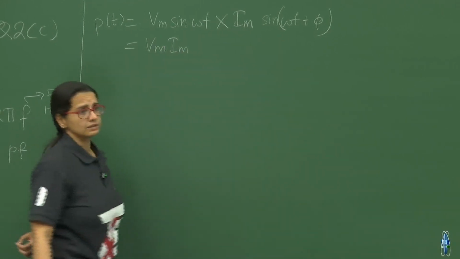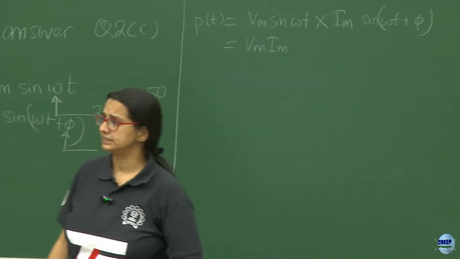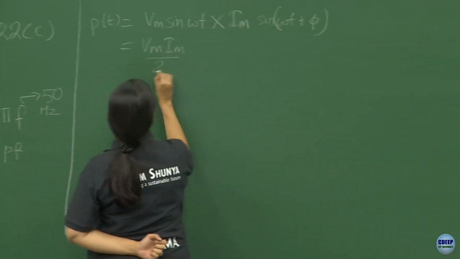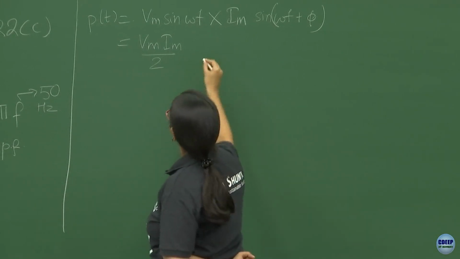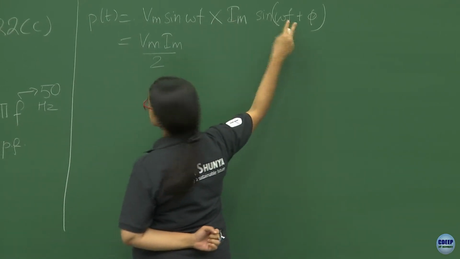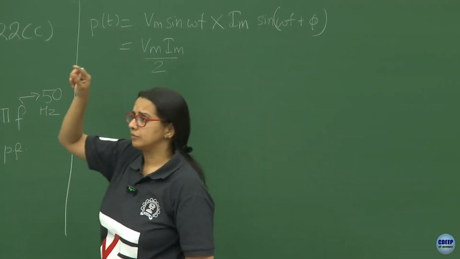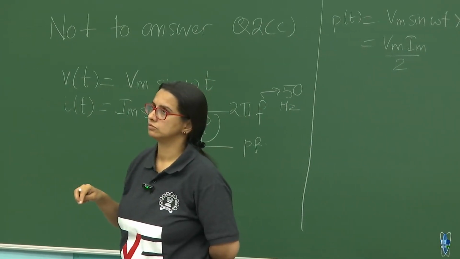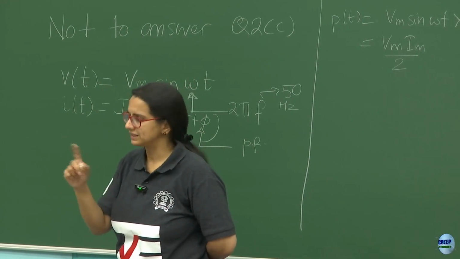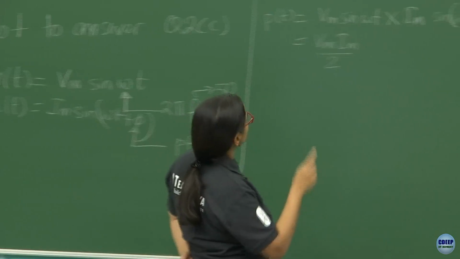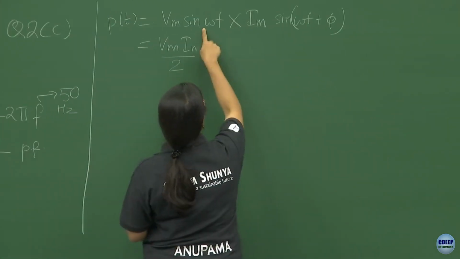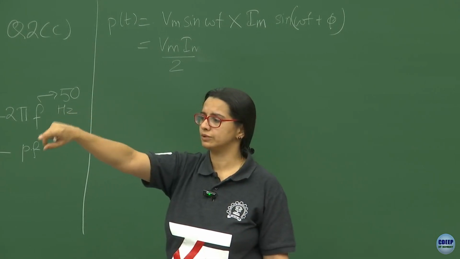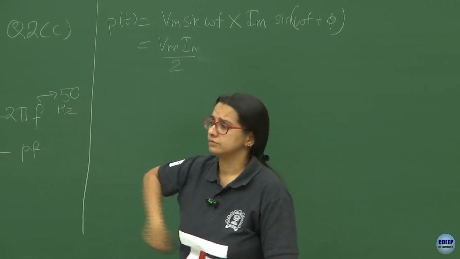Sine A into sine B is, can somebody very quickly say?